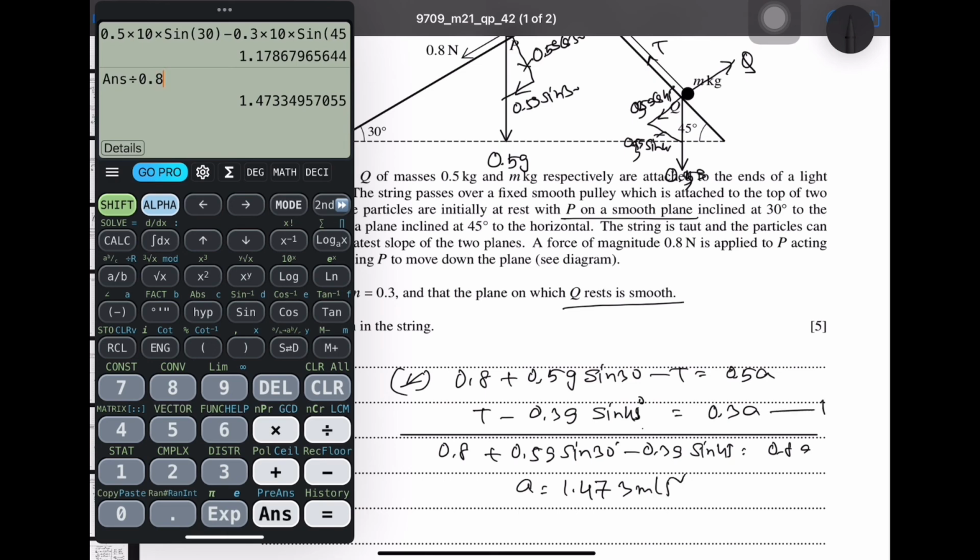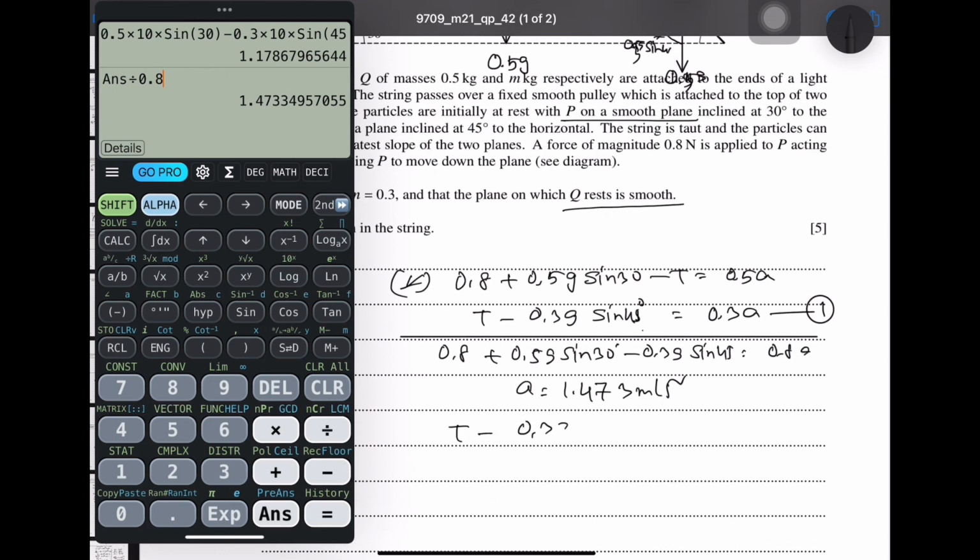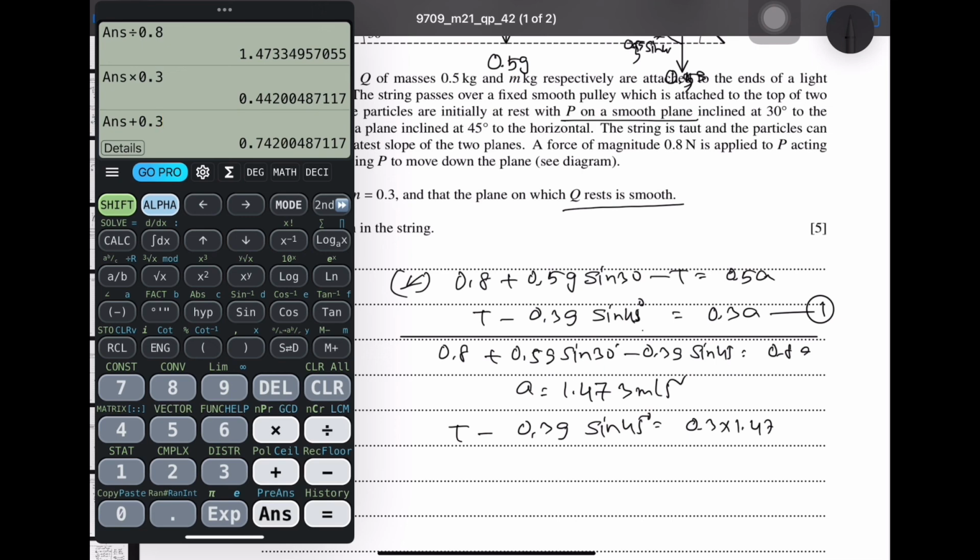Now let me consider this as equation 1. T minus 0.3 g sin 45 equals 0.3 times 1.473, so T equals 0.3 times 1.473 plus 0.3 times 10 sin 45, which is 2.56.